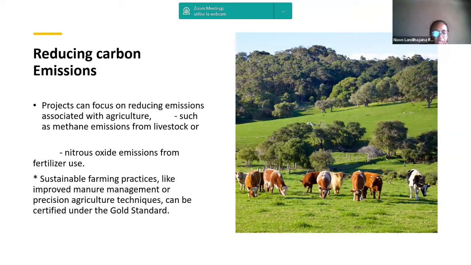Sustainable farming practices like improved manure management or precision agriculture techniques can be certified under the Gold Standard. You can see that methane is the most common emission from livestock farming, and so the Gold Standard will help to reduce these emissions.